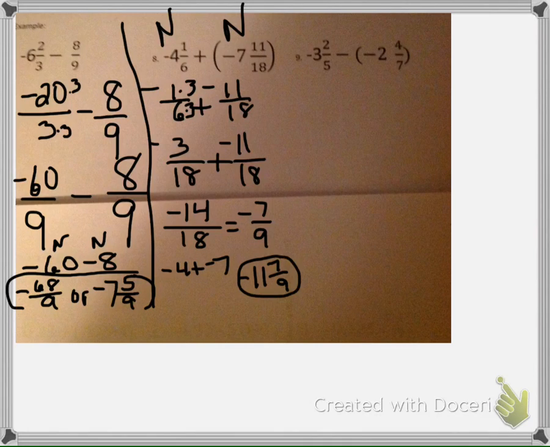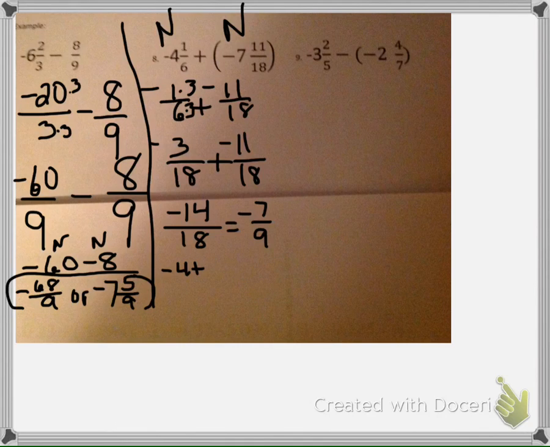And that seems to be easier than working with the big numbers of the improper fractions. But that only works when you're adding them, and because they're the same signs, you can add. And then also you have to make sure that when you're finished, this fraction here is smaller than a whole. I am going to show you this as an improper fraction, but that's the easier way to do that problem.